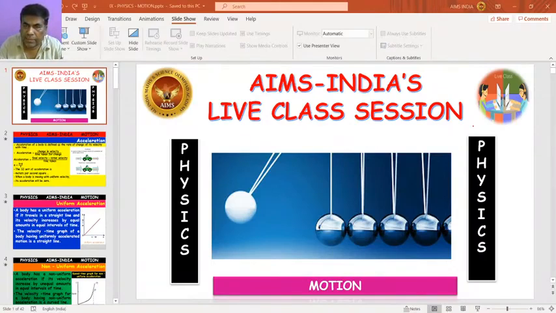Velocity will increase. It may become 5 meters per second or 10 meters per second, based on the force we have applied. Based on the force, its value will increase.